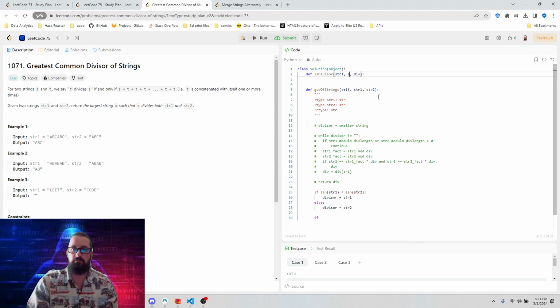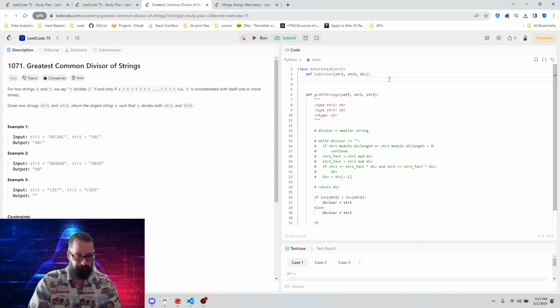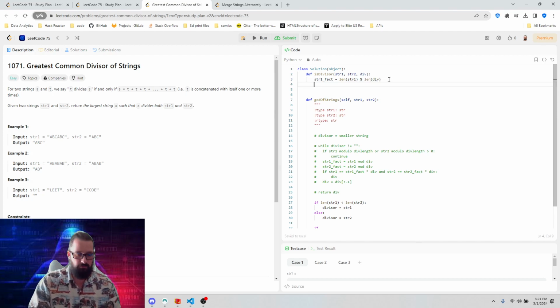I need to do string 1, string 2, div. So string 1 factor equals length of string 1 modulo length of div.